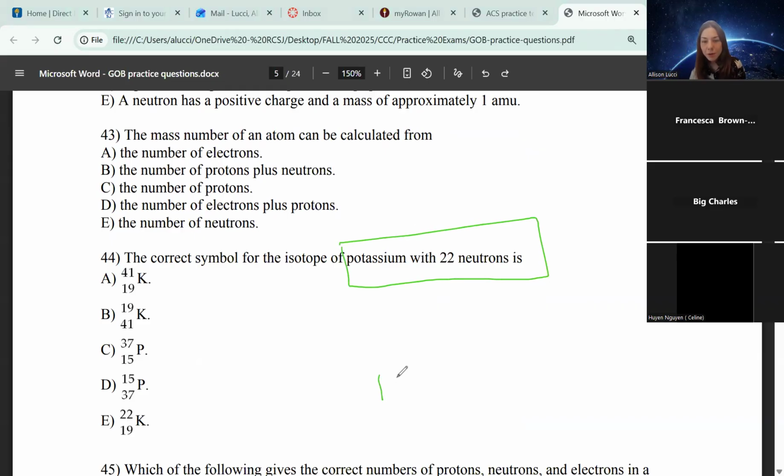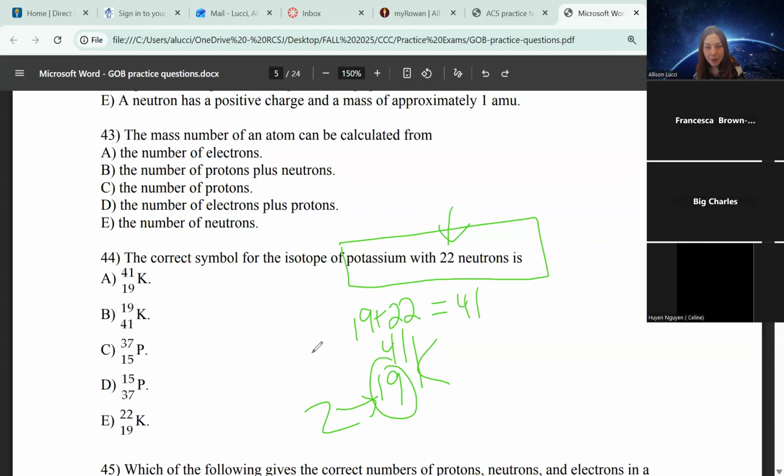So we know that 19 is the Z number, the number of protons, because it's the atomic number on the periodic table. Now I add 22 to 19 and get 41. That goes up top as my mass number. So it looks like answer choice A would be the correct nuclide symbol for our potassium isotope.